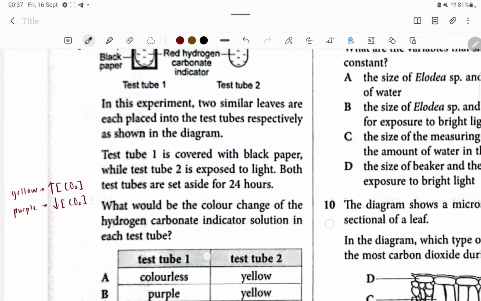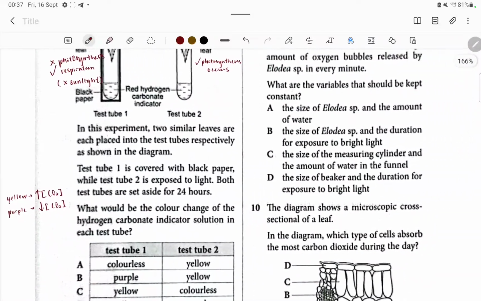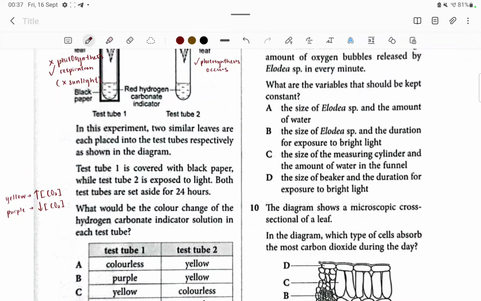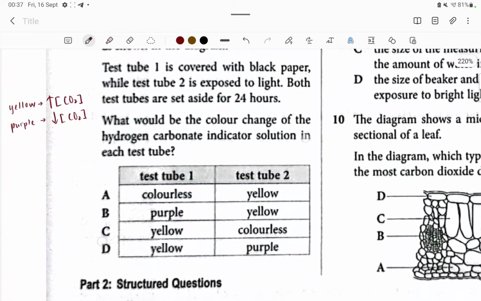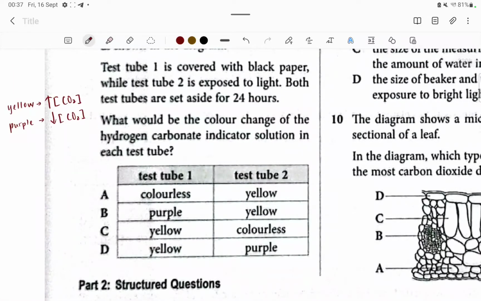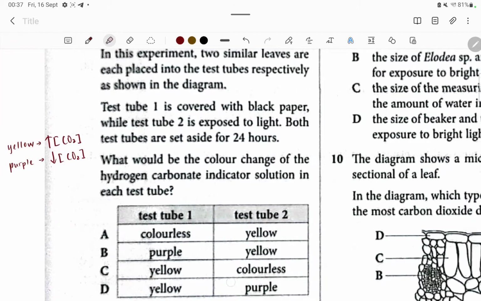Okay, so this one, if respiration occurs, means they will produce a large amount of carbon dioxide. So high concentration of carbon dioxide, the indicator should be yellow.